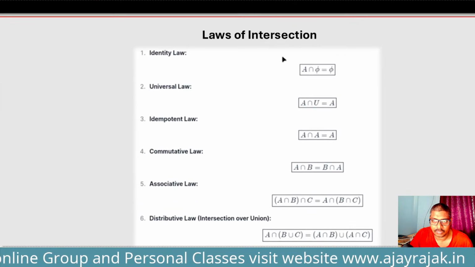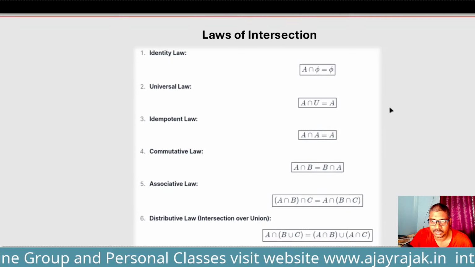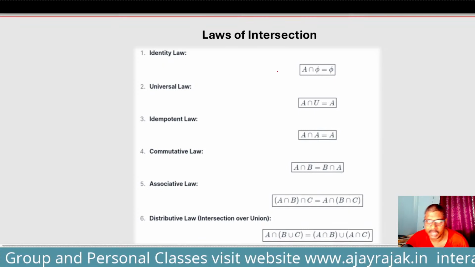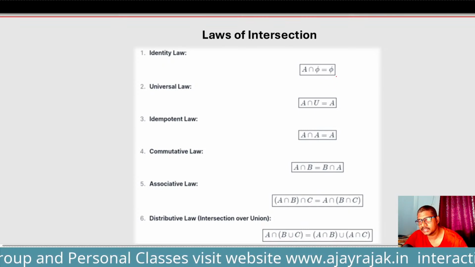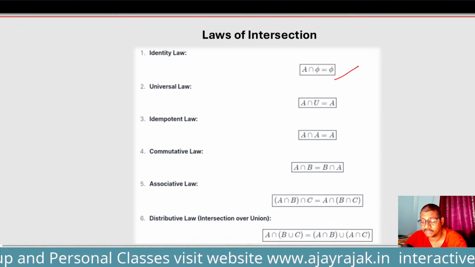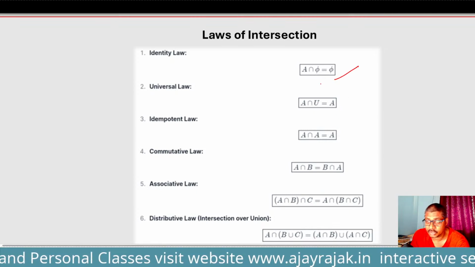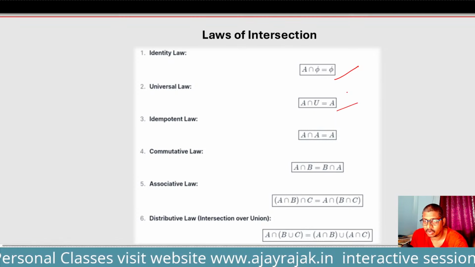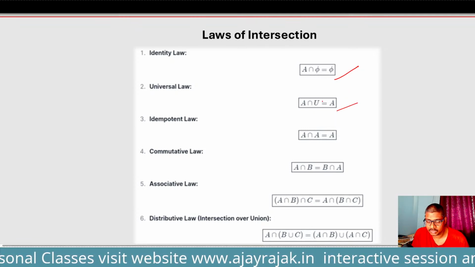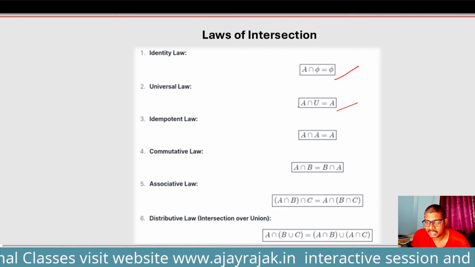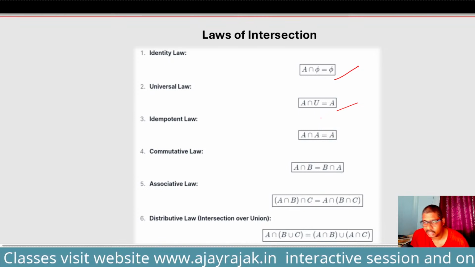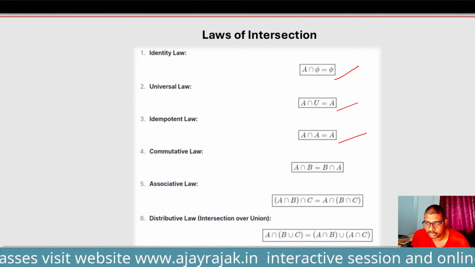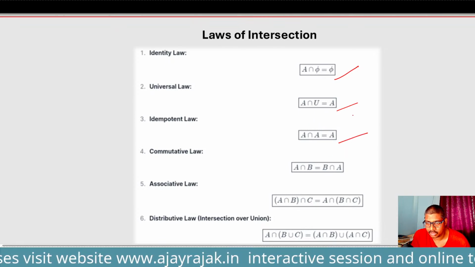Okay. What are the different laws related to intersection? Identity law: when we are intersecting with the null element, it gives the null element, because the only common element is null. With the universal set, we get all the elements in A, because the common region is whatever the A region overlaps in U. Idempotent: it gives A intersection A equals A, because all the elements are common.